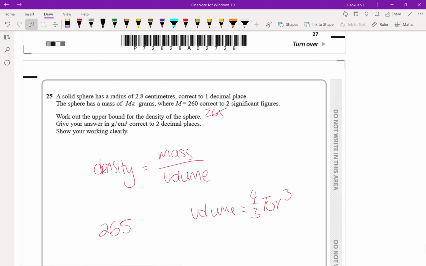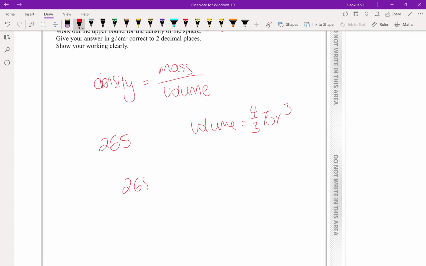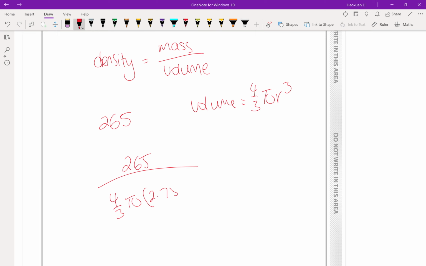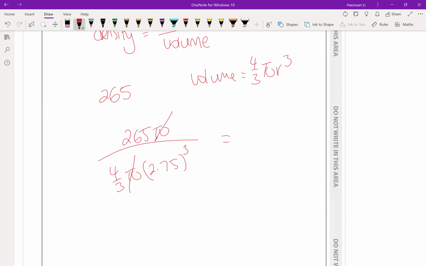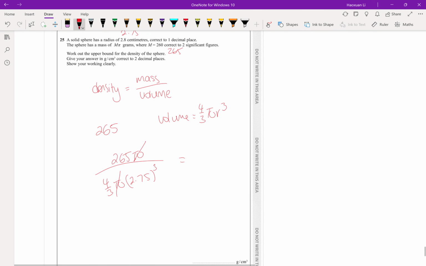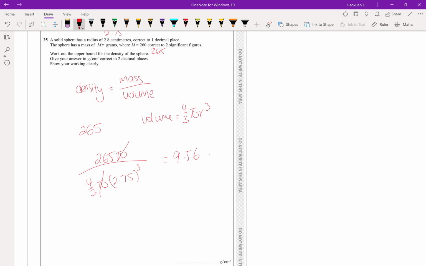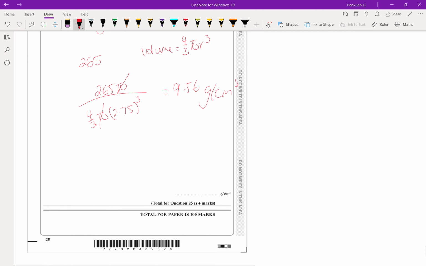So the radius has to be the lower bound, so 2.75. Therefore 265 over 4 over 3 pi and 2.75 cube, and the mass has the pi on it. So if we just cancel out the pi and just do simple calculator work, that should give you 9.56 grams per centimeter cube.